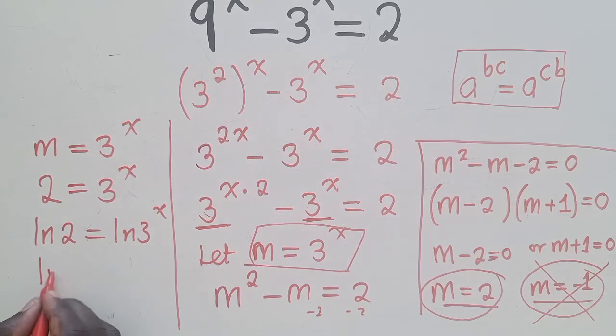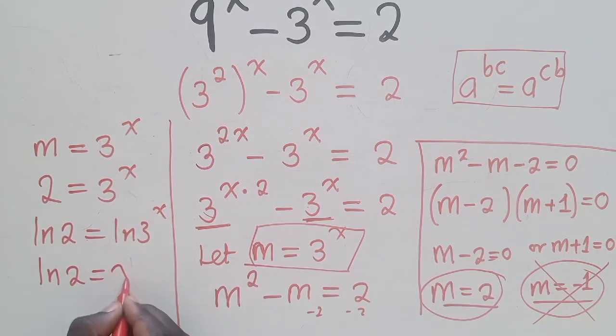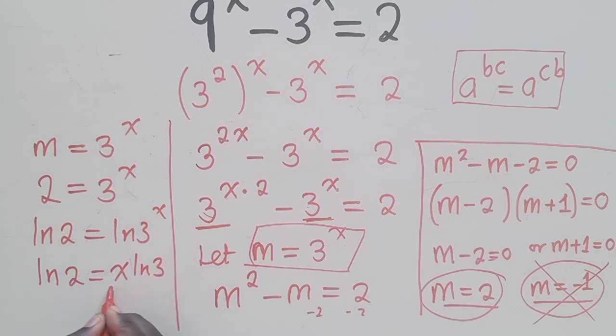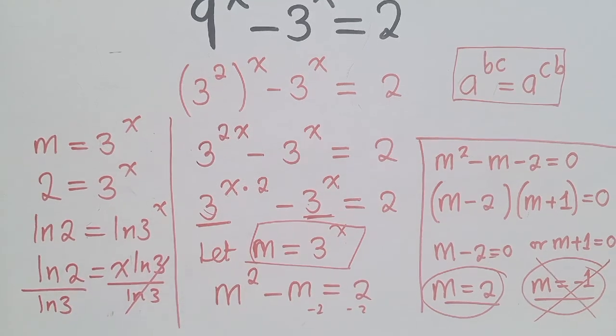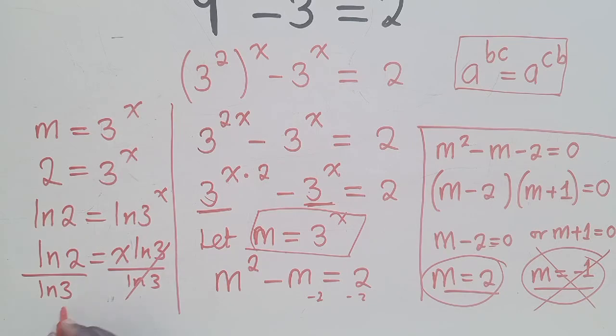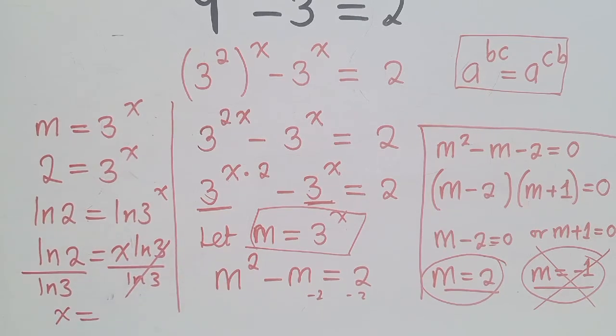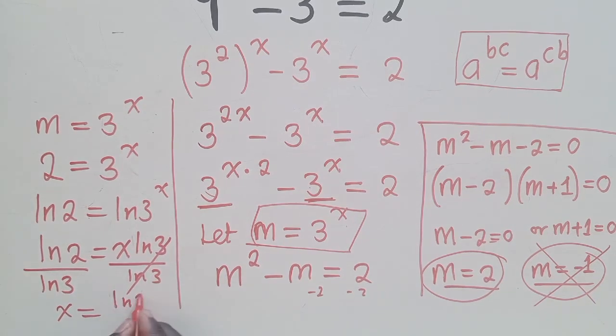So this will be ln of 2 is equal to x ln 3. Divide by ln of 3 on both sides, so the ln 3 and ln 3 give us a 1. So the value of x in this case will just be equal to ln of 2 over ln of 3.